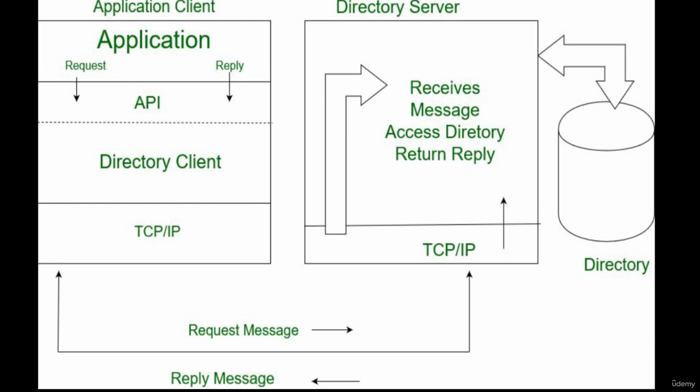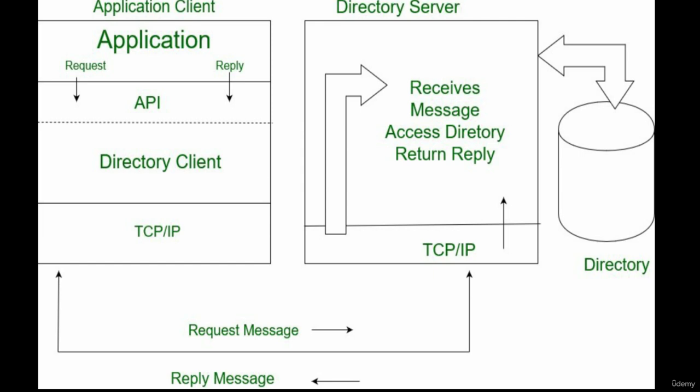So this is how the LDAP directory works. Pass a username, password, API, REST API service connected to both the username and the LDAP directory. So here is the application client and directory server, how it works.